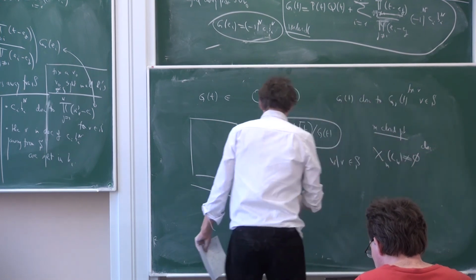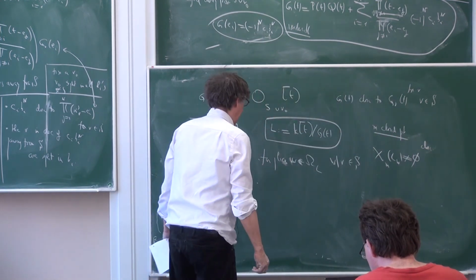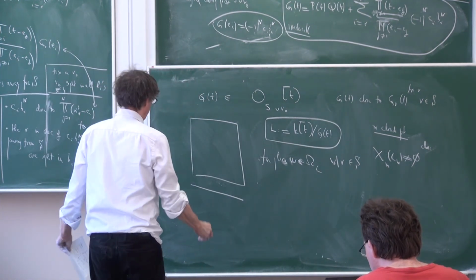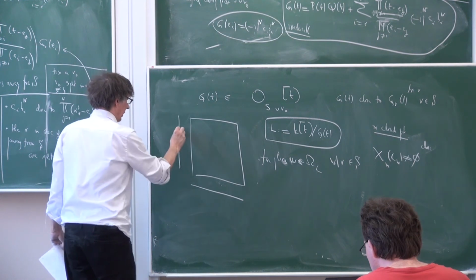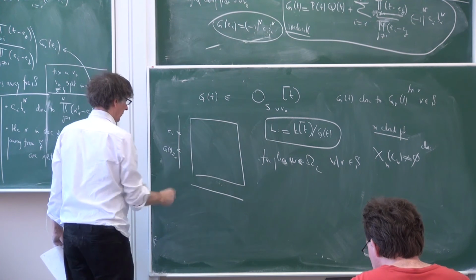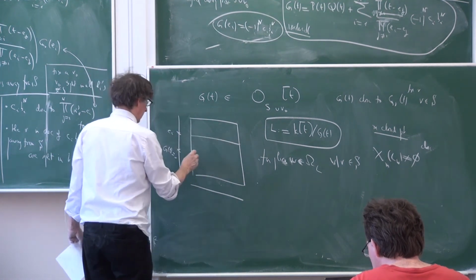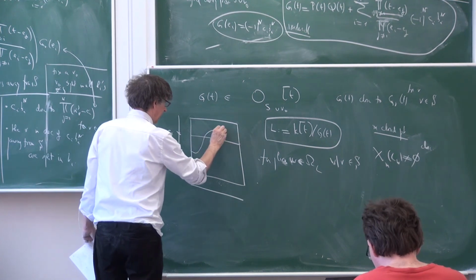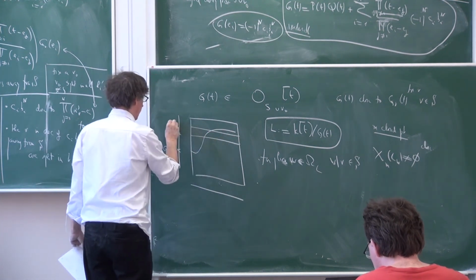Okay. Now, for the other places, this is why I want to make this drawing. Here I have my points c_i, and here I have g of t equals 0. So I have e_i's here, and the g of t does something like this. It gets some e_i, e_1, e_2, and so on.